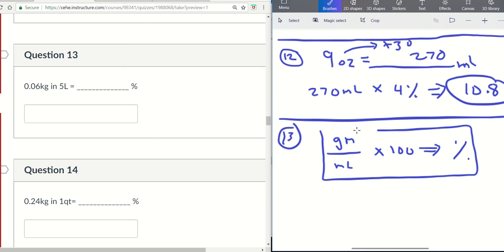So this question is not asking for grams anymore. It's asking for percentage. So 0.06 kilos is how many grams? 60 grams. 5 liters is 5,000 ml. So make sure you're in grams and mLs, and then don't forget to multiply by 100 to get to your percentage.